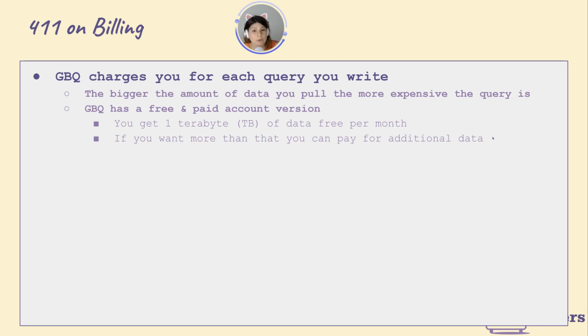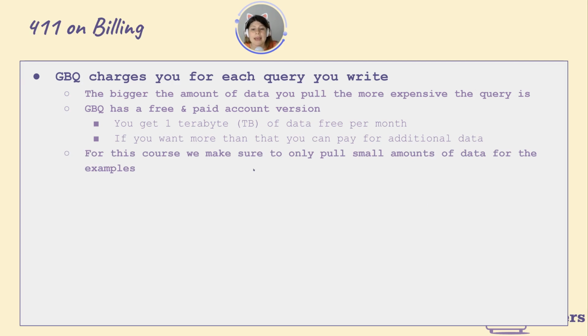So if you want more than that terabyte, then you can pay for that. And something that's very important to me in this course and everything we do in Couch to Coders is making it very financially accessible. So I'm going to show you tips and tricks on how to write your queries so that you're not accidentally pulling a ton of data all at once. And I'll make sure that that 1 terabyte of data will get you through this 30-day Kickstarter. No problem.